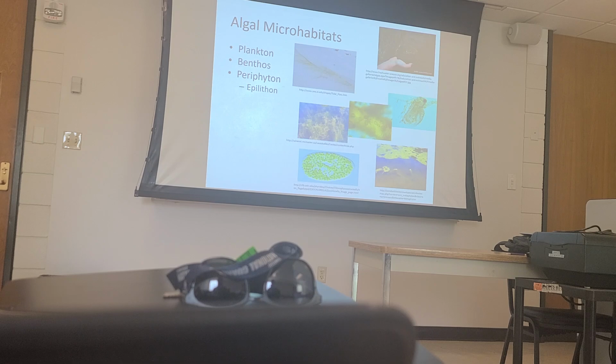Rocks. Yep. So epilithon is periphyton growing on rocks. And we would get out our toothbrushes to scrape a hard surface to collect algae, literally toothbrushes. It's fun, it's good stuff.